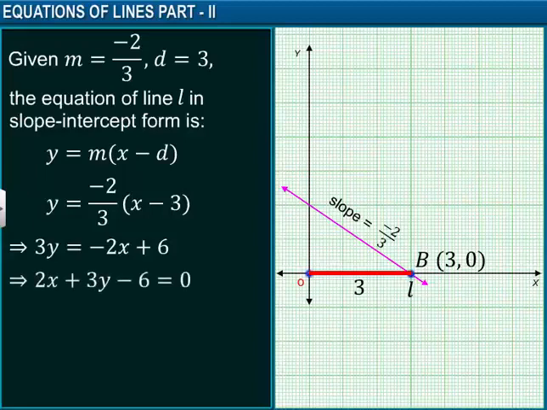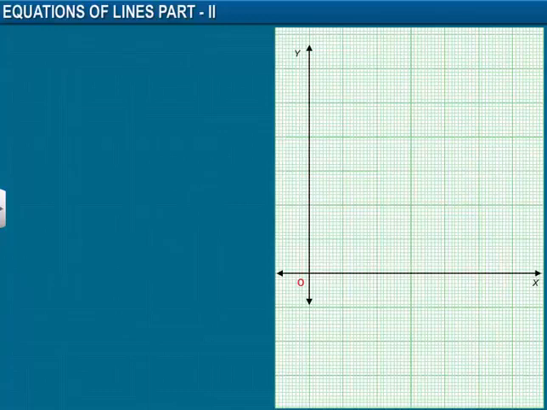The equation of a line having an x-intercept and a y-intercept can be represented using the intercept form. Consider a line L with x-intercept A and y-intercept B. Let's denote the points where the line intersects the x-axis and the y-axis as P and Q respectively.